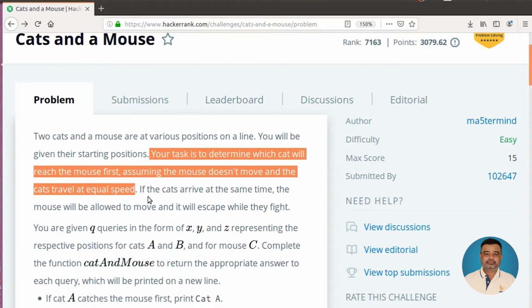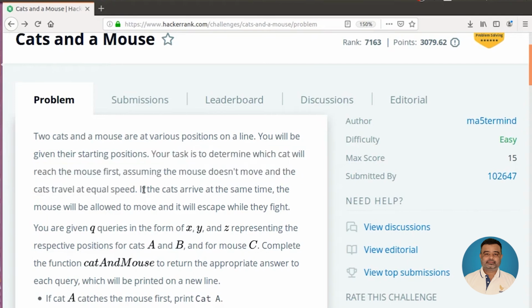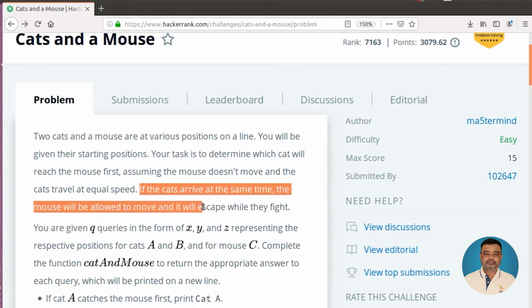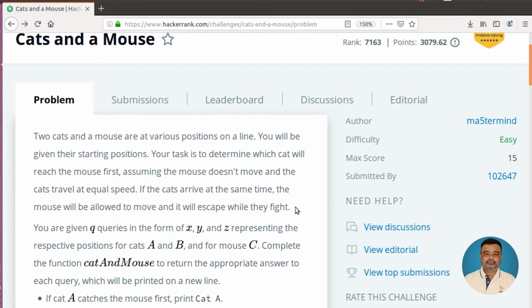But yes, the mouse can move in one particular situation. You can read it out here. If the cats arrive at the same time, the mouse will be allowed to move and it will escape while both the cats fight. So the mouse is allowed to move only in those situations where both the cats reach the mouse at the same position and fight among themselves, and the mouse escapes.